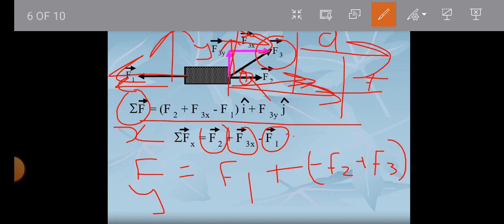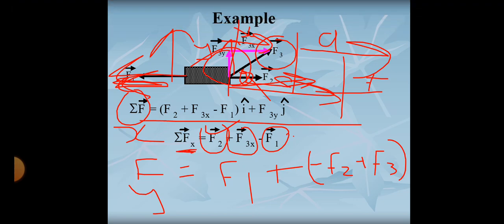Now, according to that diagram, F2 is acting on the x-axis only, and we are going to add it with F3x only, and minus F1, because F1 is also acting in the x-axis. This one for now we are going to eliminate, because we are dealing with the x-axis. So when we say the summation of the forces which are acting in the y-axis, we have one force acting on the y-axis.